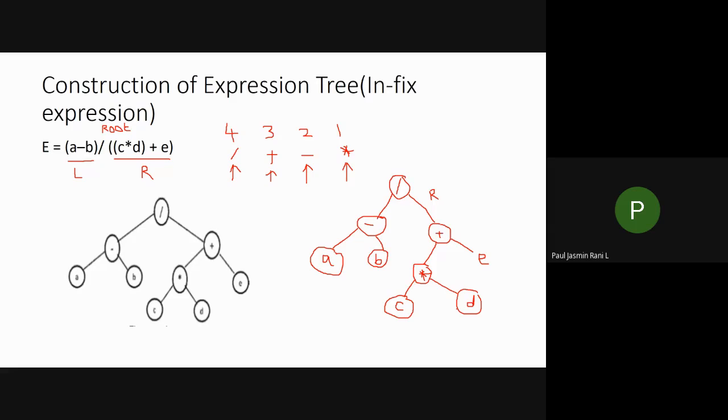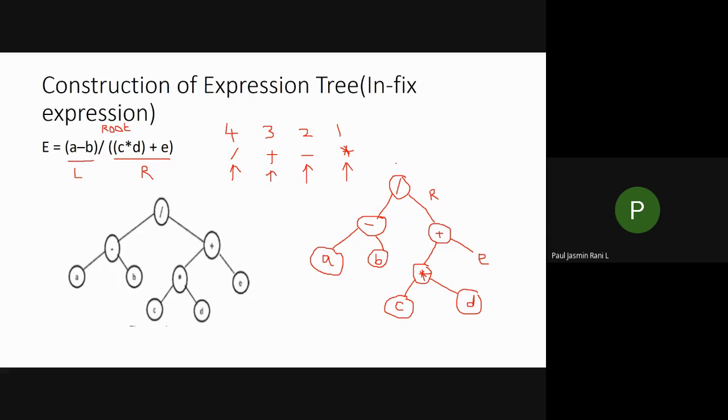So what are the steps you have to remember in order to construct the expression tree from an infix expression? First step, you have to give a priority to all the operators. Next step, after giving the priority, arrange them in descending order.